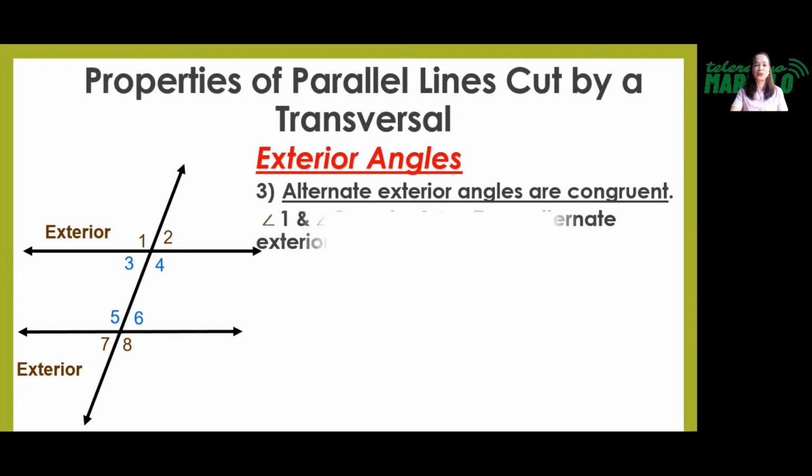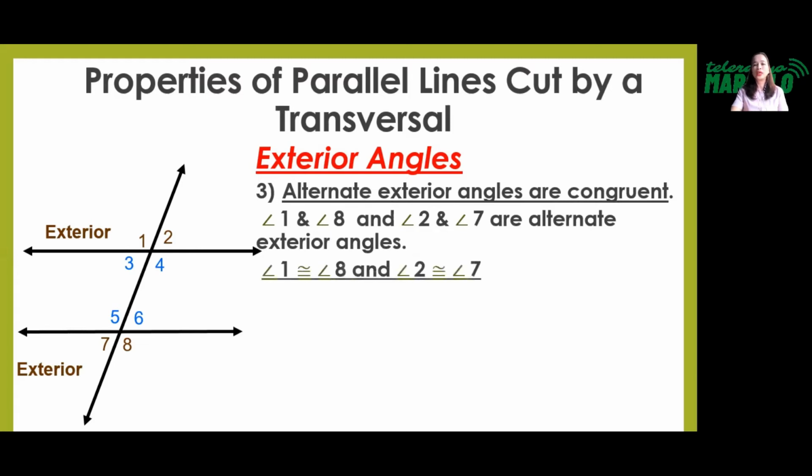So on our figure, we have angle 1 and angle 8, and angle 2 and angle 7 as alternate exterior angles. Therefore, we can say that angle 1 is congruent to angle 8, and angle 2 is congruent to angle 7.